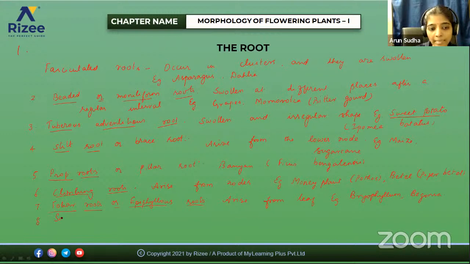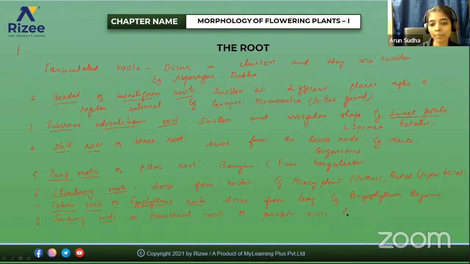And then sucking roots. We saw these roots already in the case of insectivorous plants or carnivorous plants. Sucking roots and haustorial roots or parasitic roots. So these are the different names. Here the roots will enter into the host plant to absorb the nutrients from the host.